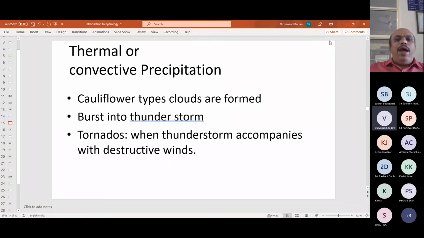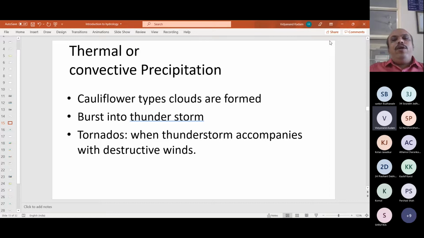Along with that, the Earth's surface becomes warm, and the air mass close to the Earth's surface also gets heated, and these warm air masses go up by a natural process. Their density is reduced, that's why they go up, and they reach a higher altitude.